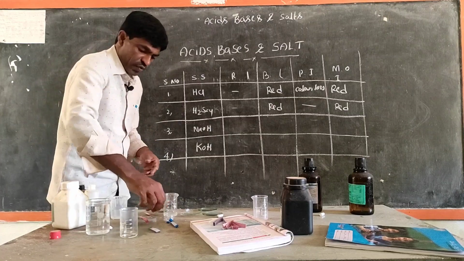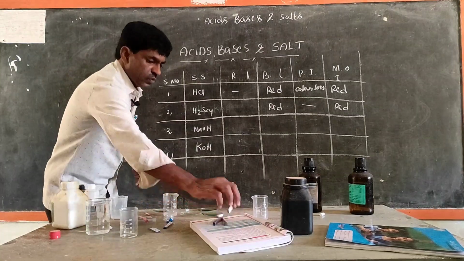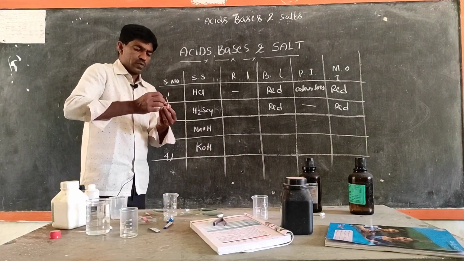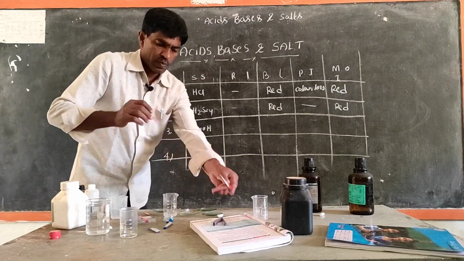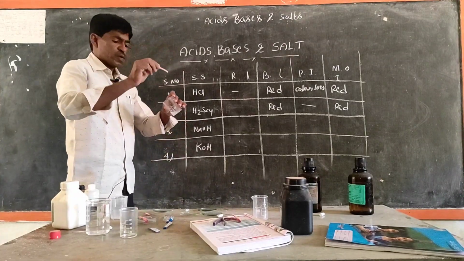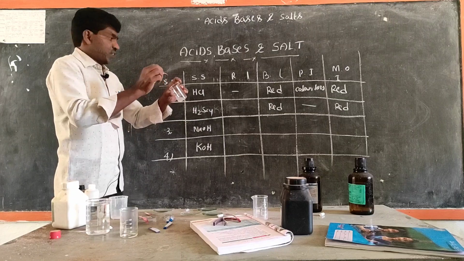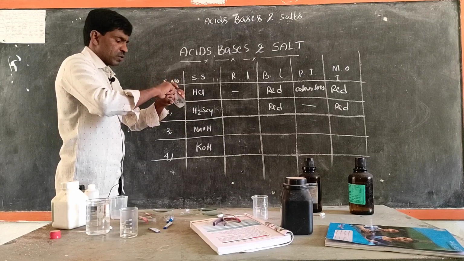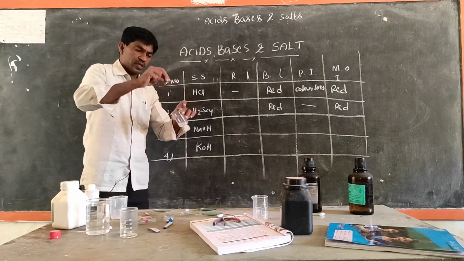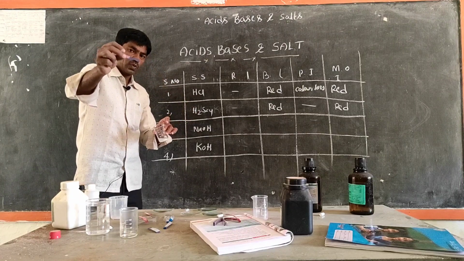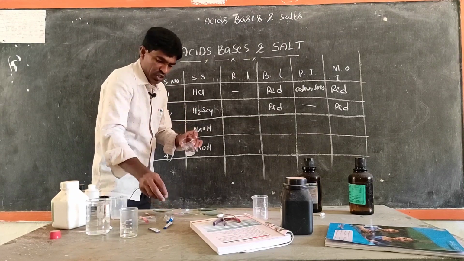Take the red litmus paper and dip it into the basic solution. It turns blue. So red litmus turns blue.